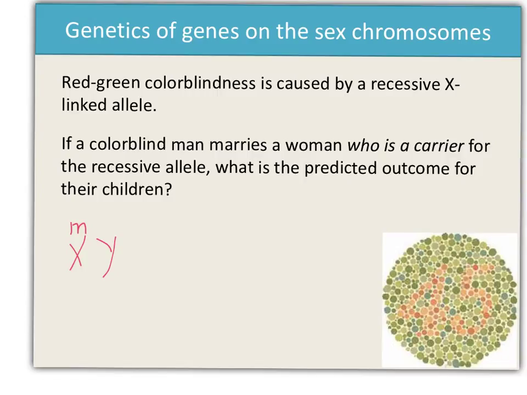Okay, so, and a woman who's the carrier and also has an X normal mutant. If we do a Punnett square, let's go to the next page. Okay.